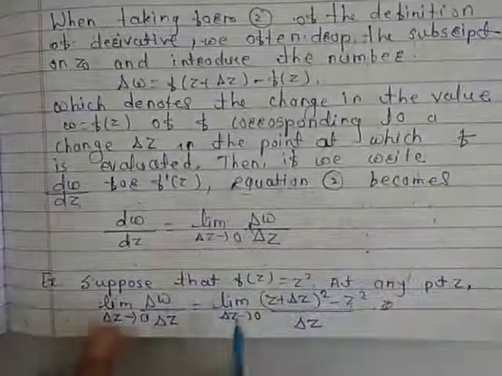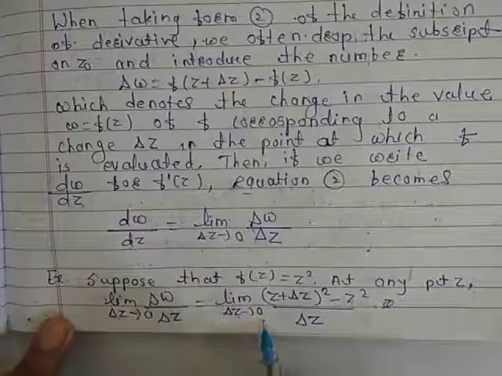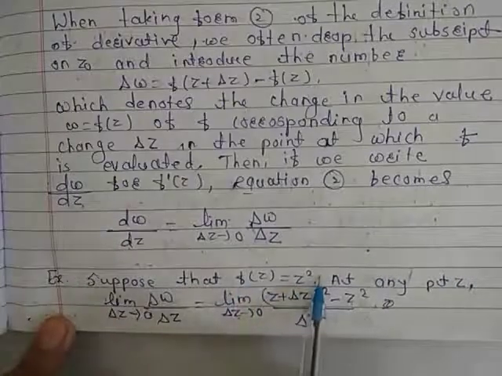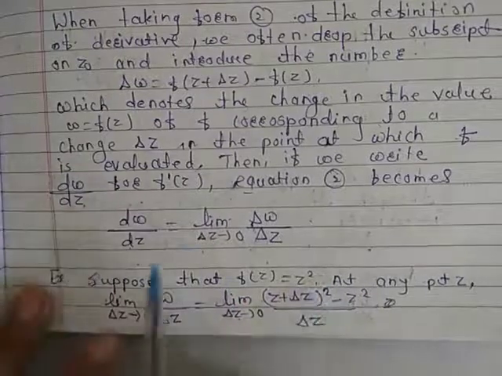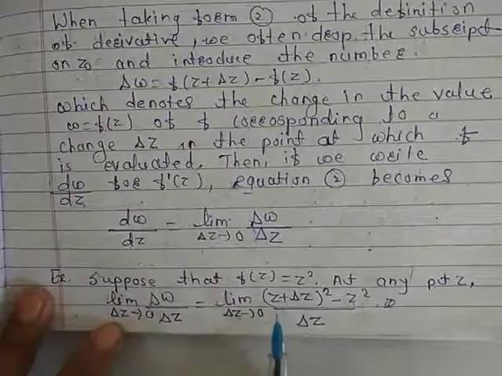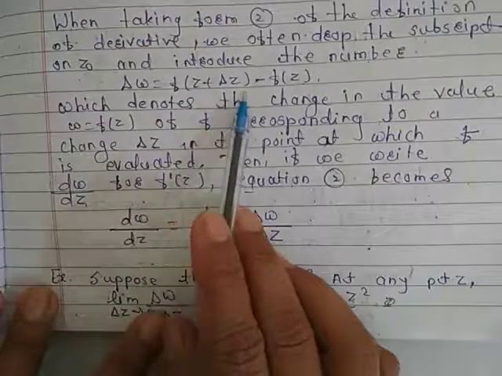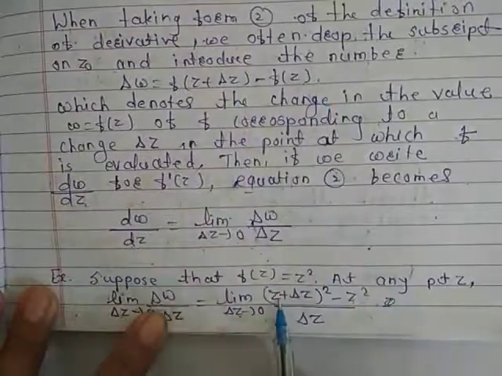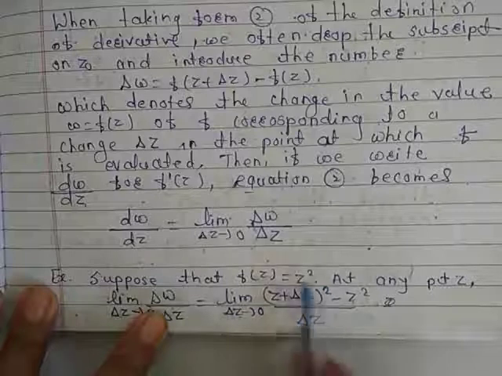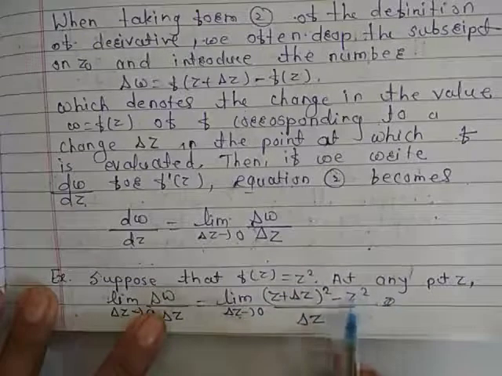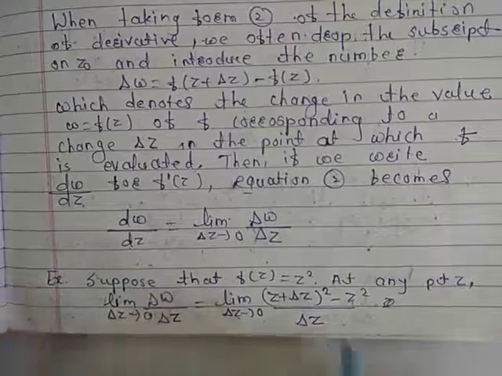Okay. So limit delta z tends to 0. Here f of z is z squared. So delta omega is f of z plus delta z minus f of z. So this becomes (z plus delta z) squared minus z squared upon delta z. Okay.